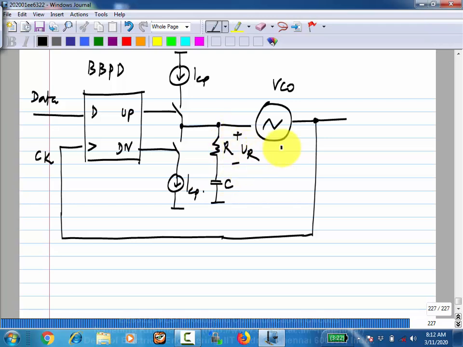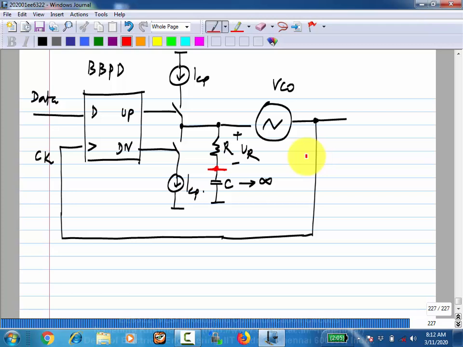Another way to think about it is we will use an infinitely large C, which will hold the right control value to get the VCO to the right frequency. So we can analyze only this part, that is, we will just ground this part of it and the capacitor is not there. We will assume steady state operation with the VCO being at the correct frequency.